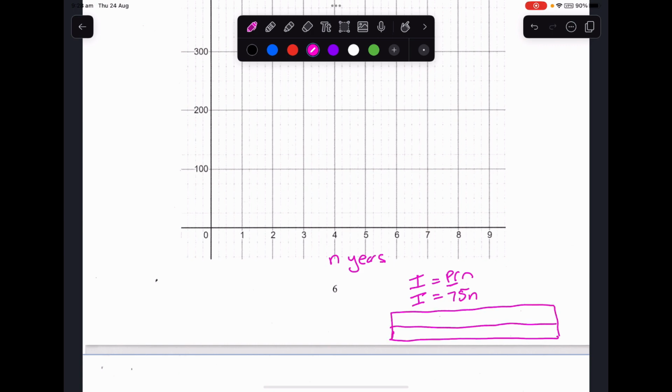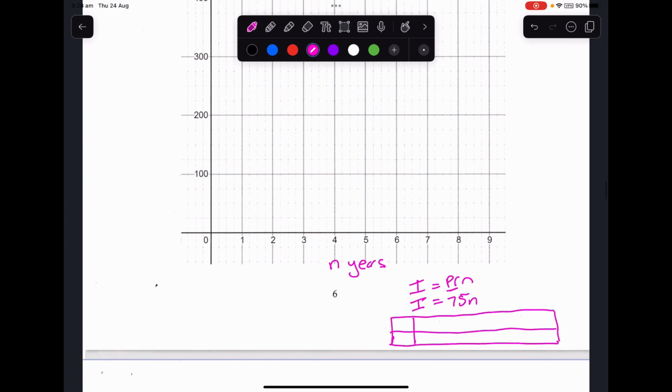Let's just do this and then I'll show you what you can do to make it a bit easier. So if we go 0 years, 1 year, 2 years, 3 years, 4 years, 5, 6, 7, and they want 8 years. I haven't left myself much room in there, but let's have a look.